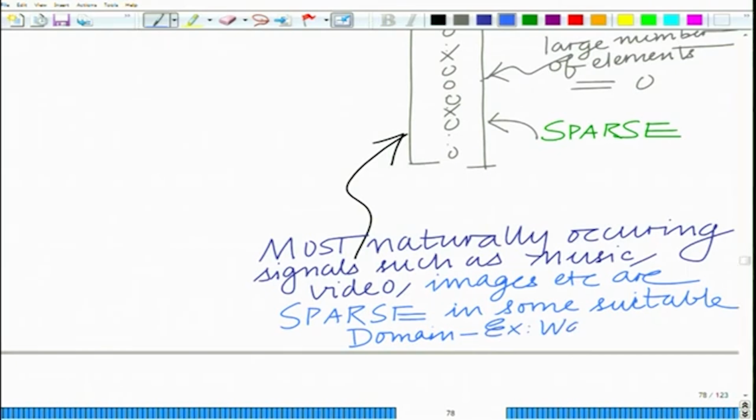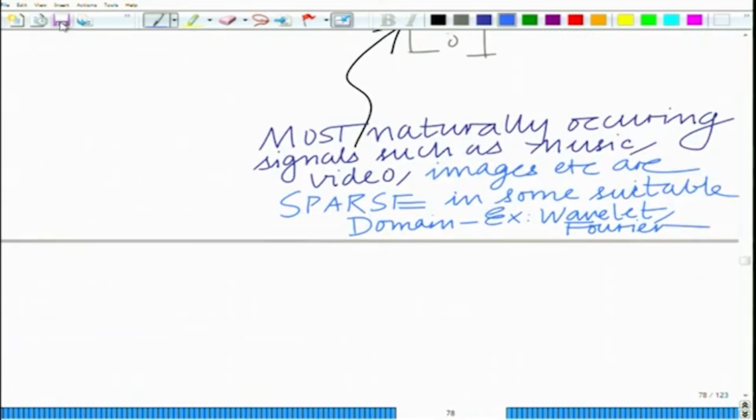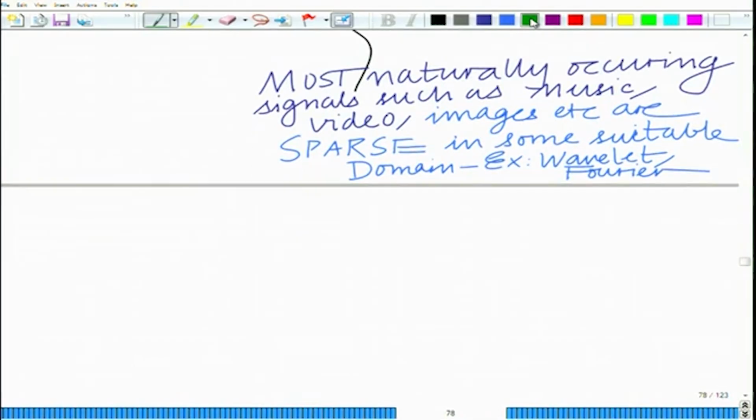Example, either the wavelet domain or the Fourier domain, that is when you take the Fourier transform, or basically the frequency domain, you can also say. So, they are sparse in some domain, and this idea is a very important idea which can be used for signal processing and to improve the performance.